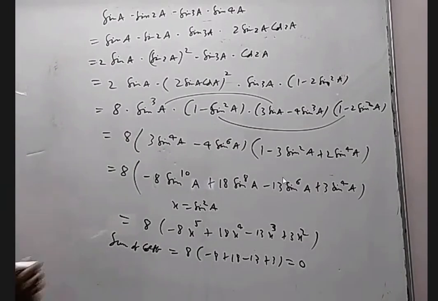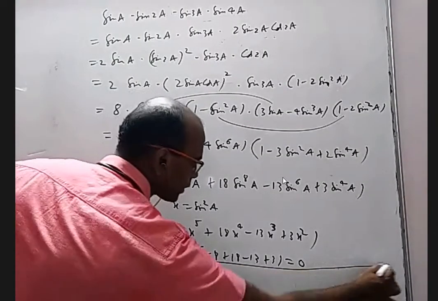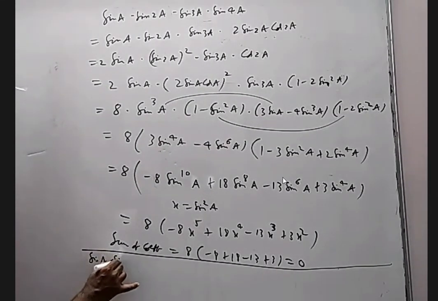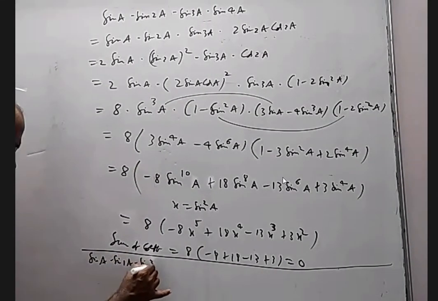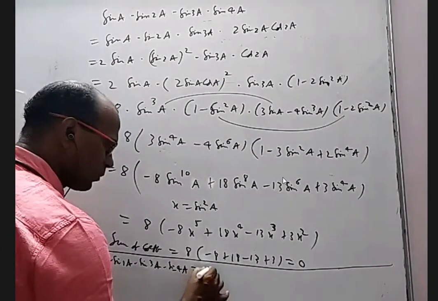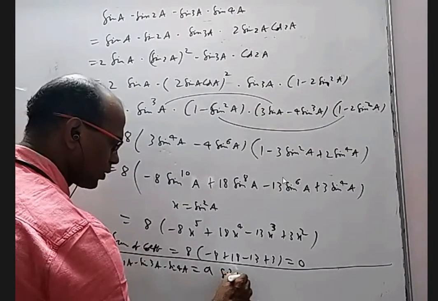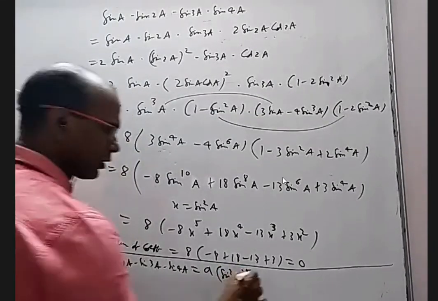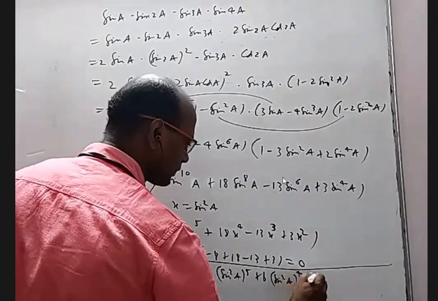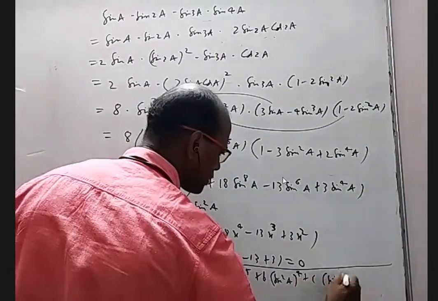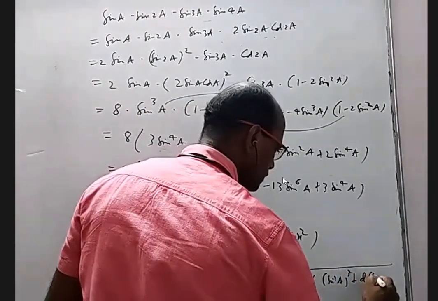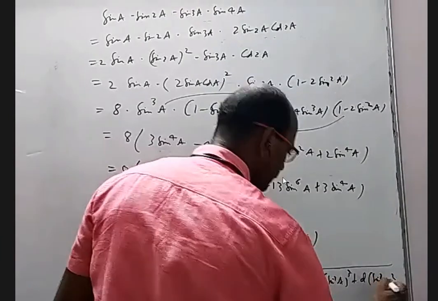Another way to do this, without all this: basically the question is like this. Sin A into sin 2A into sin 3A into sin 4A is equal to A times (sin square A) whole power 5, plus B times (sin square A) whole power 4, plus C times (sin square A) whole cube, plus D times (sin square A) whole square, and so on.